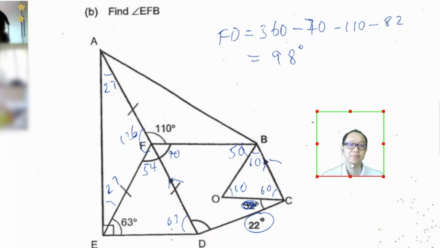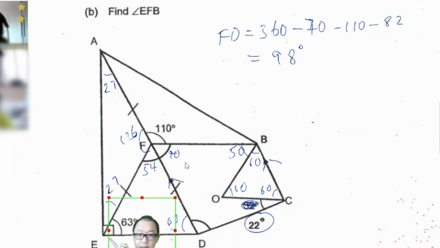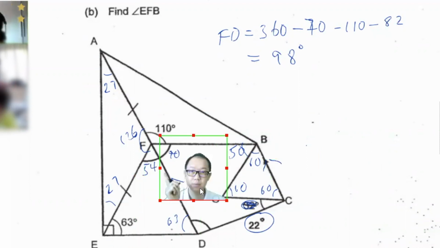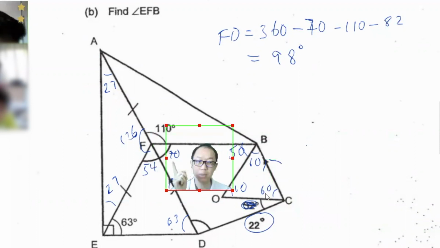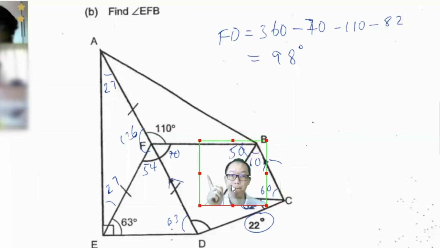Next, EFB. Where's EFB? Where's E? E, F, B. So just add the two. 54 plus 70. Is it okay?